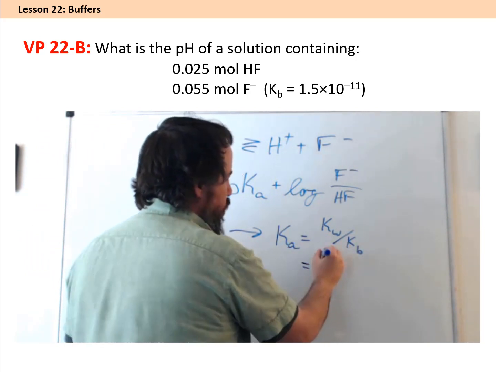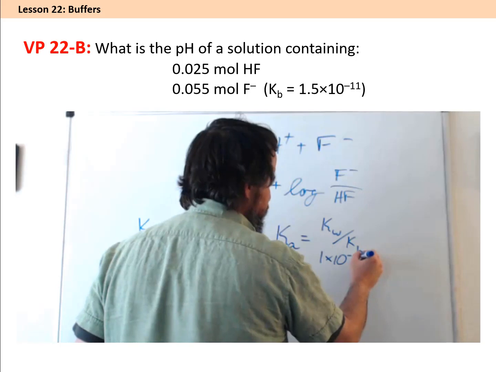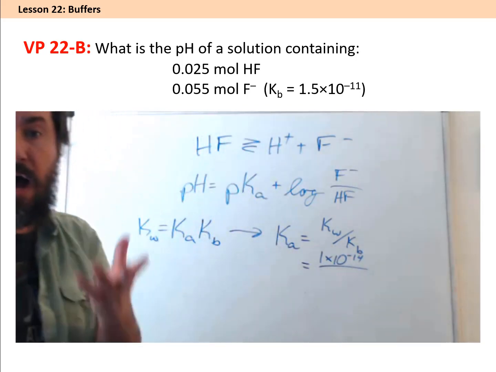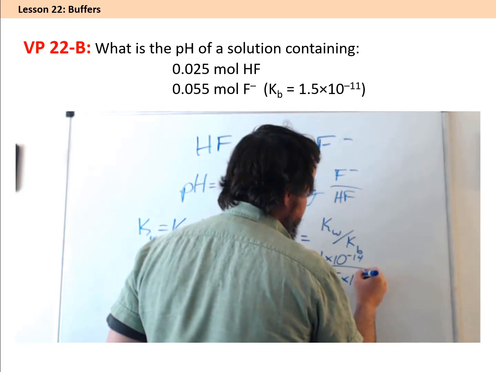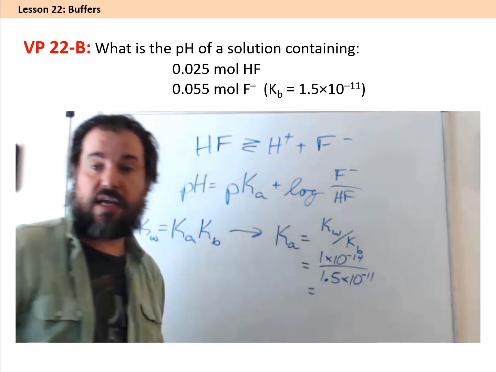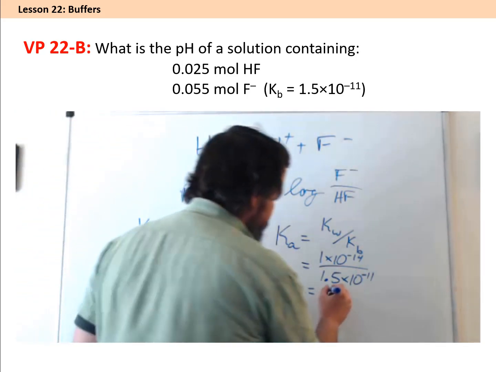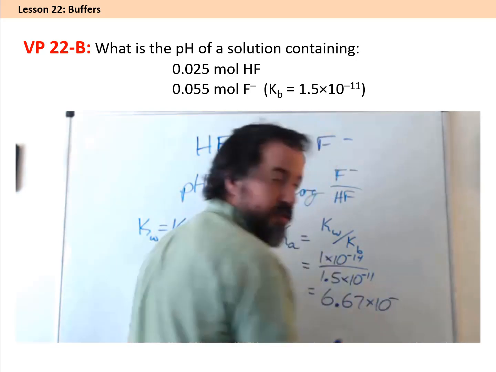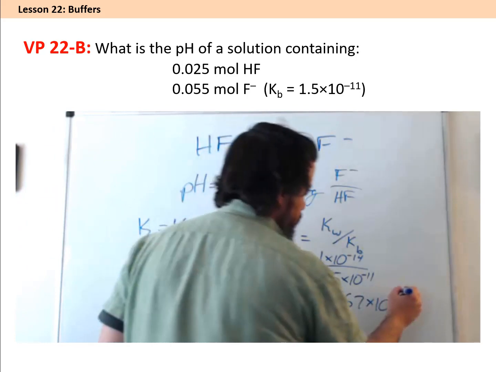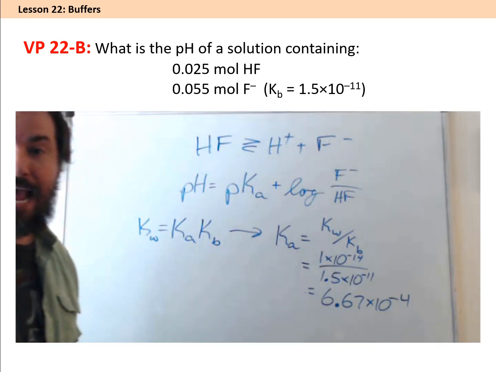That will be 1 times 10 to the minus 14 over the Kb that we have up there, 1.5 times 10 to the minus 11. That's going to get me 6.67 times 10 to the minus 4. That's now my Ka.